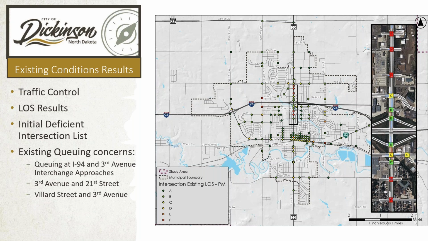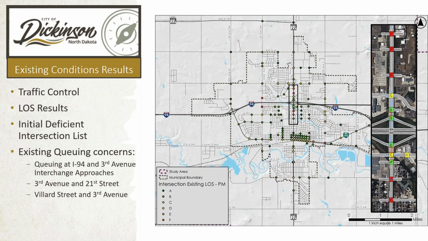So for our results, we are able to export out that traffic control, whether it was a signalized or unsignalized intersection, the level of service results, and came up with an initial list of deficient intersections. We were able to identify where there were queuing concerns, especially around the I-94 interchange on State Street.